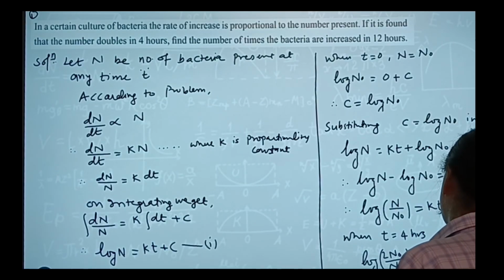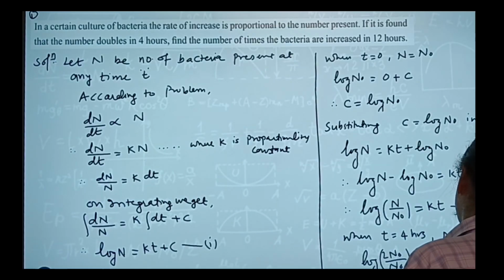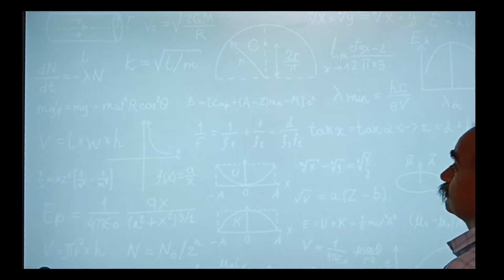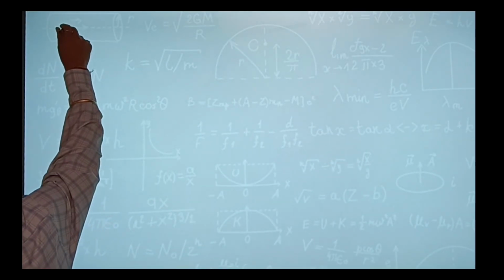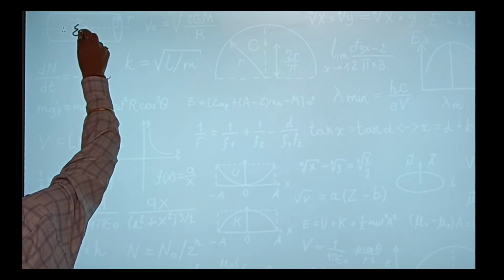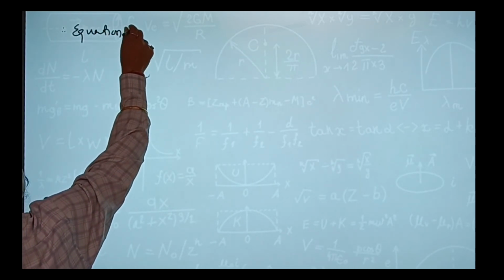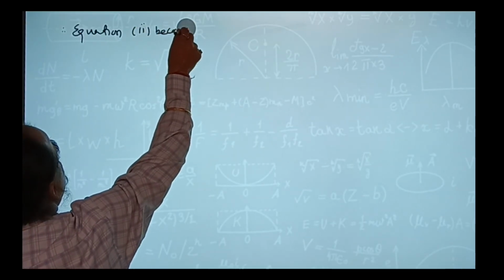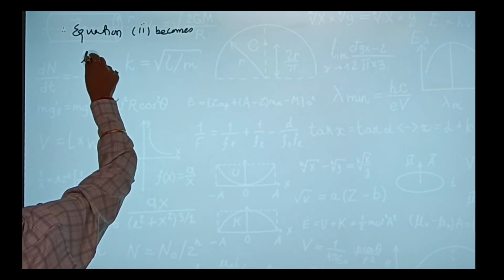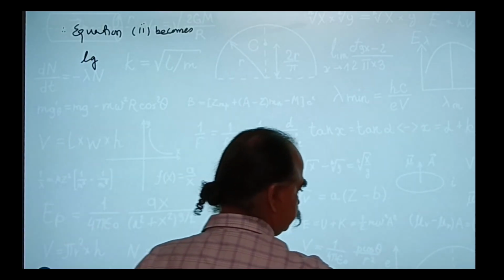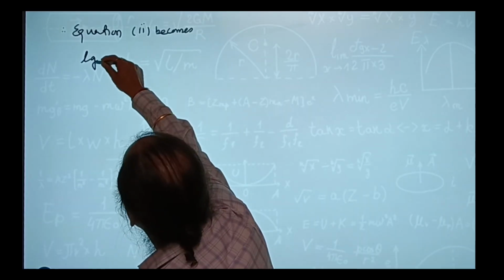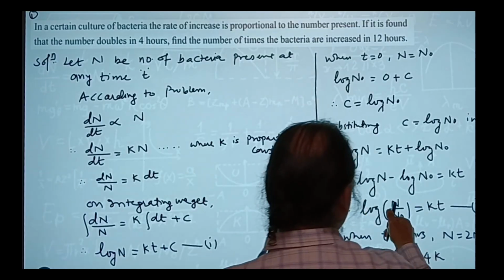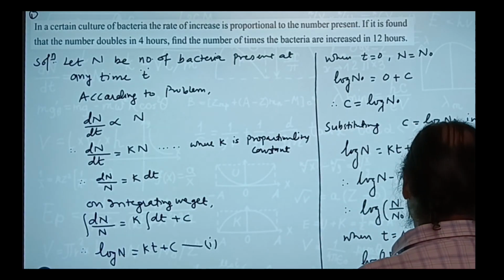So k is 1 by 4 log 2. So equation 2 becomes log n upon n0 is equal to t by 4 log 2.